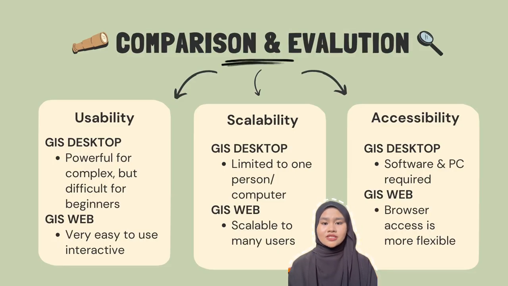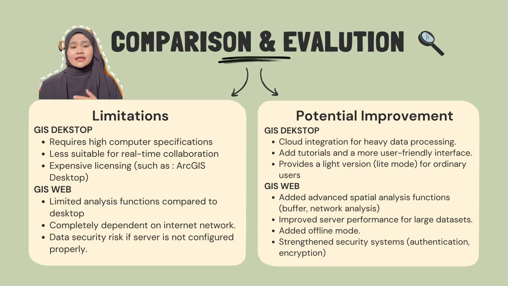After we examine the previous aspects of use, now let's focus on the constraints faced by both platforms as well as the potential improvements that can be implemented to optimize the performance of our geographic information system. Each system has its own challenges.